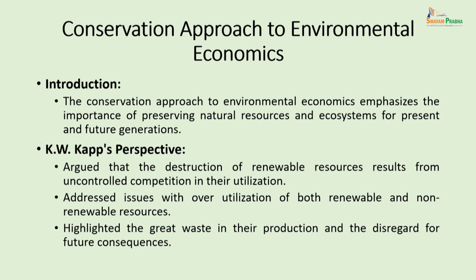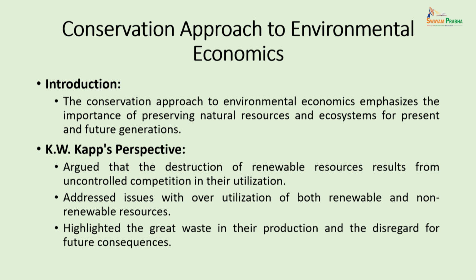Kapp. What did he argue? He argued that the destruction of renewable resources results from uncontrolled competition in their utilization. That is, there is no one to control the utilization of these renewable resources.